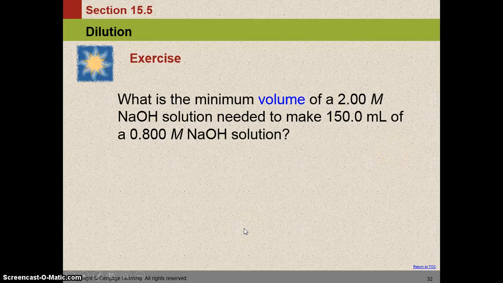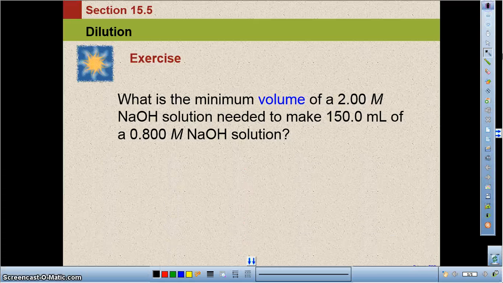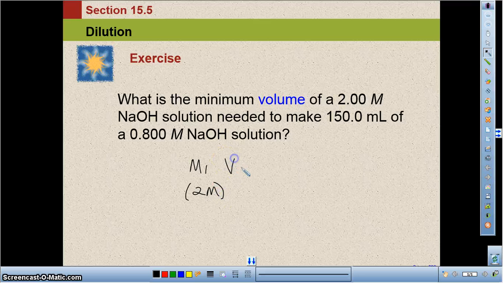What is the minimum volume of a 2 molar NaOH solution needed to make 150 milliliters of a 0.8 molar NaOH solution? So in order to set up the problem, again, it's kind of like looking at the gas laws and deciding what's what. We have a 2 molar volume of NaOH, so my M1 can be 2 molar. My V1 wants to know the minimum volume of this solution needed to make 150 milliliters of a 0.8 molar solution.